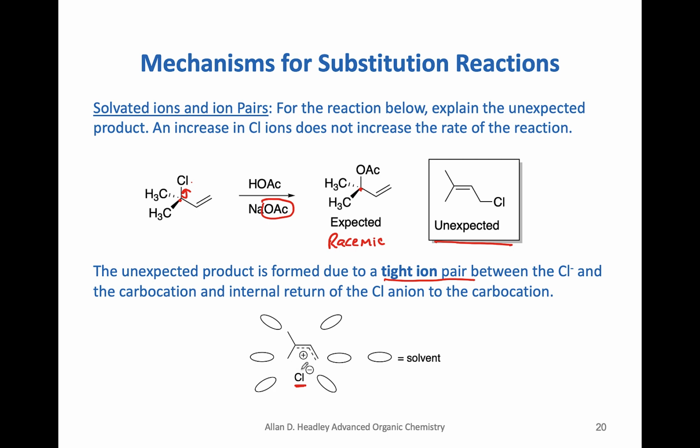So now we can see this coming back in to form the reactant, or it can go here to form the product. So this results based on the tight ion pair that exists after the heterolytic breakage of that bond.